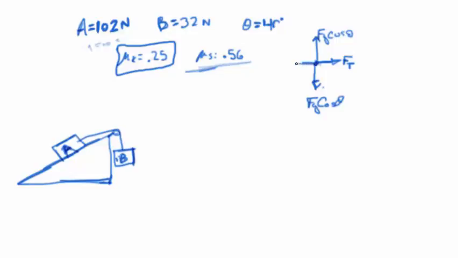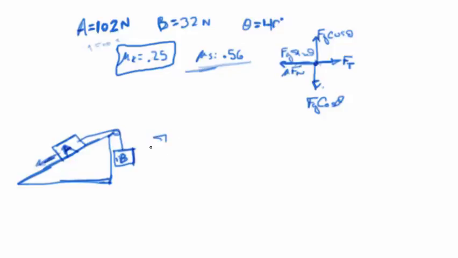And then we're going to have two forces to the left. I'll put one on top and one on bottom. We have the gravitational component that's pulling it down, which is mg sine, or Fg sine theta. And then we also have the friction force, which is mu Fn.